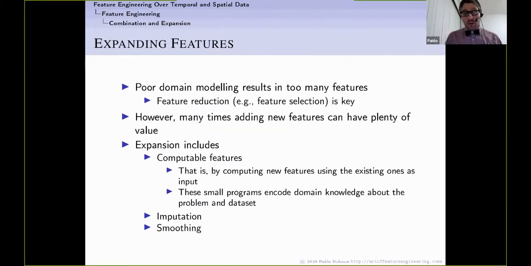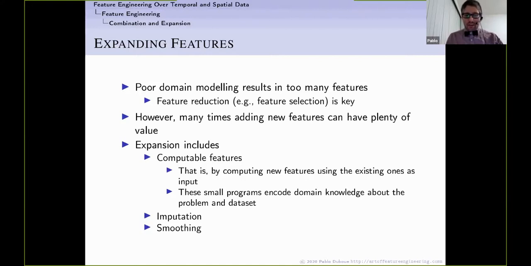The other thing you can do is expand features. Yes. For that, you look into what's called computable features. For example, deep learning models have a very hard time approximating ratios. Yes, so if you suspect that a ratio between two features is useful for solving the problem, you can provide an extra feature by computing that ratio beforehand.